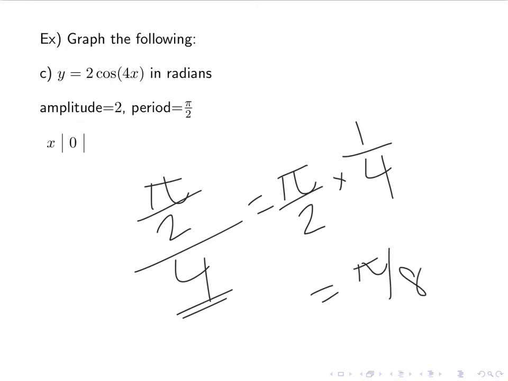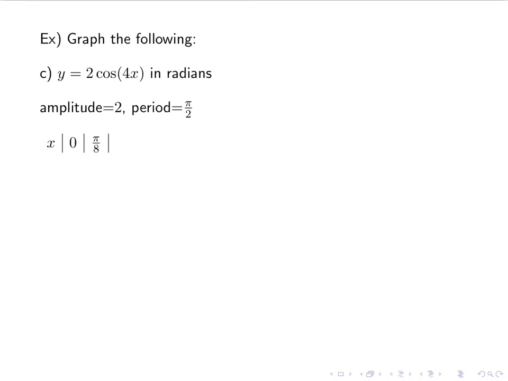And this gives me pi over 8. Okay, so I'm going to have pi over 8, and then I'm going to keep adding pi over 8 until I get to my period. So pi over 8, and then pi over 4, 3 pi over 8, pi over 2. So always check, make sure your numbers are increasing, and they're increasing by the same amount each time.